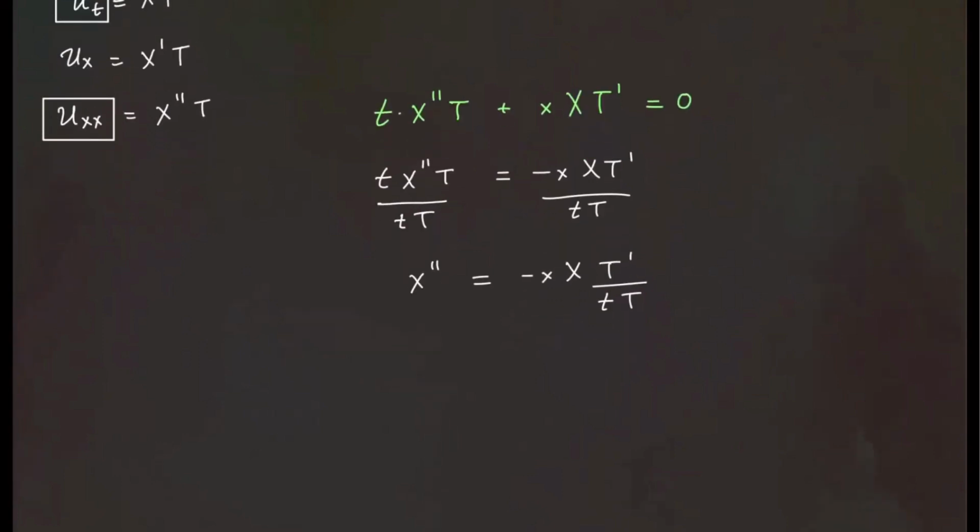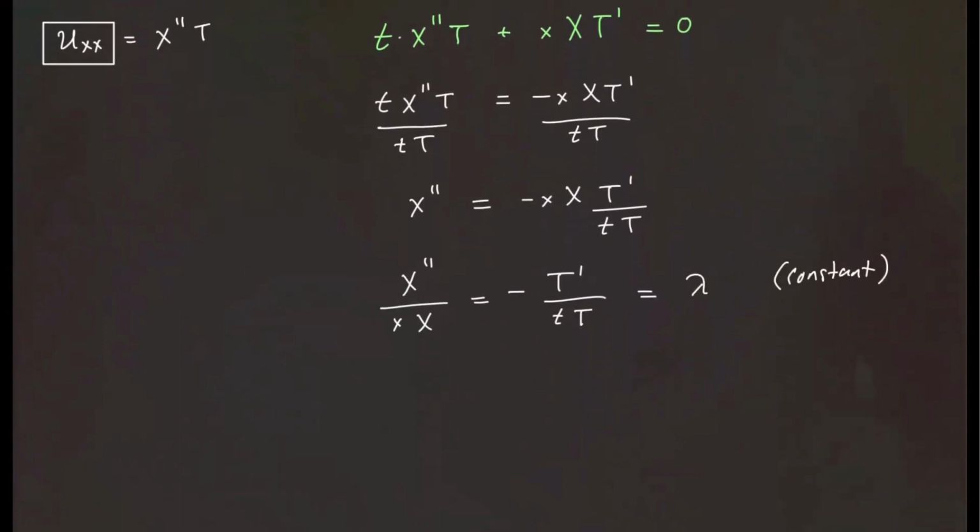So we can keep the negative on either of the sides. So I'll keep it on the right side as it is. So we'll have X double prime over little x, big X is equal to negative T prime over little t, big T. Now only when these two expressions are equal is if they're equal to a constant. So we're going to call it equal to lambda, where lambda is a constant.